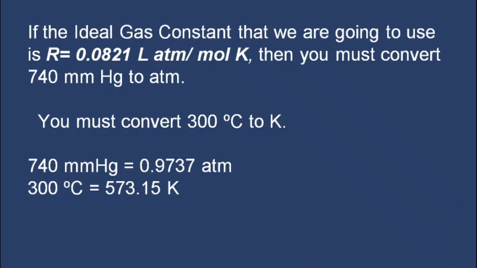Since we are using this value of R, you must convert 740 millimeters of mercury to atm and 300 degrees Celsius to Kelvin. 740 millimeters of mercury is equivalent to 0.9737 atmosphere, and 300 degrees Celsius is equivalent to 573.15 Kelvin.